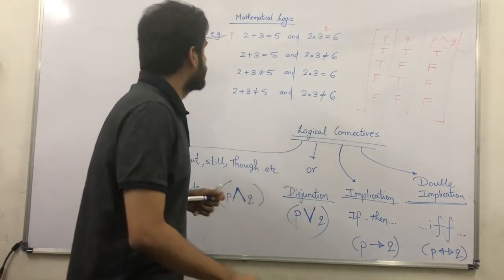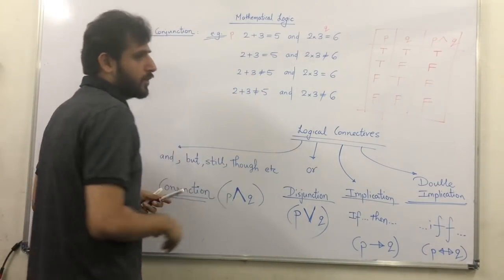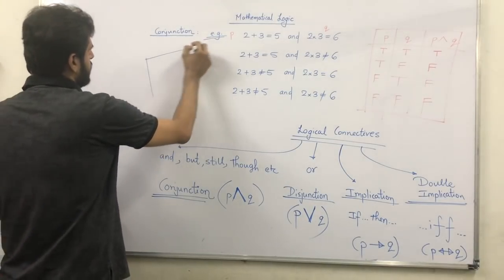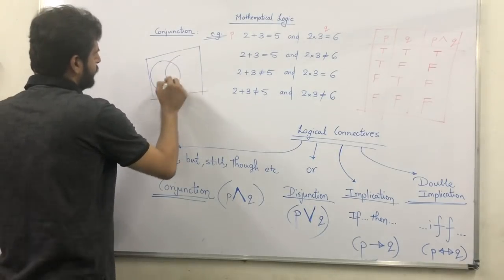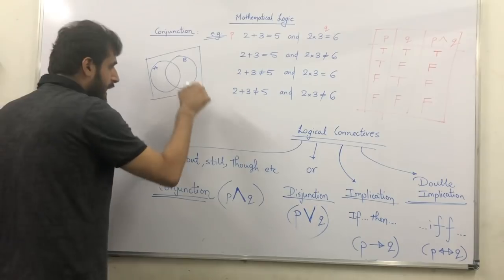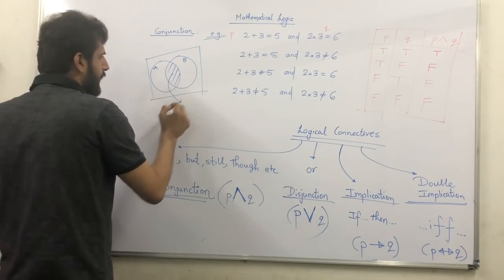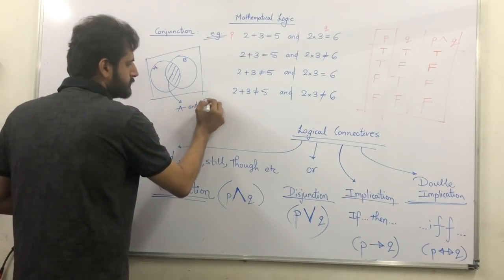Okay, so next I can relate this to set theory also. In the Venn diagram we have two sets A and B, right? In that, this is the region where elements belonging to both A and B occur.